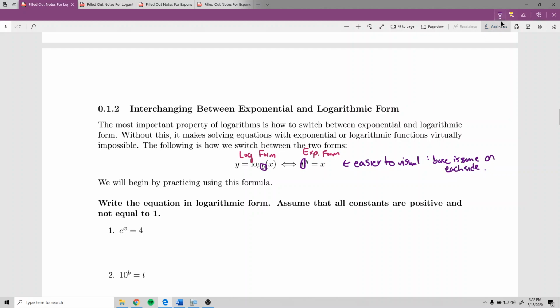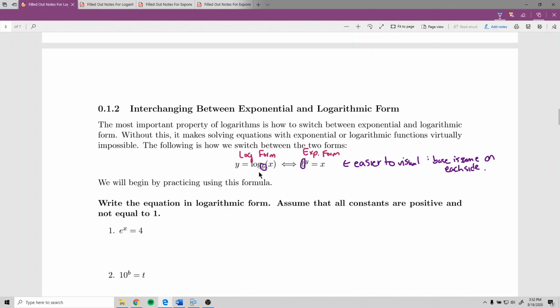Meaning when we practice this, if you know the base of the exponent, as we would in this problem, I already know what the base of the log is going to be. And then if we have log form and we want to switch to exponential form, we already know what the base is going to be.